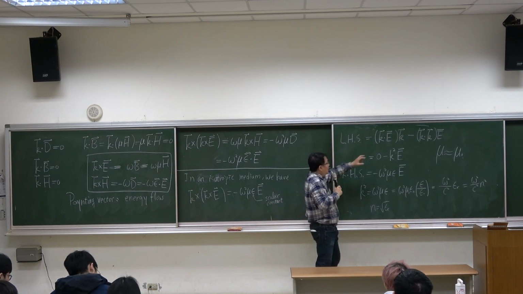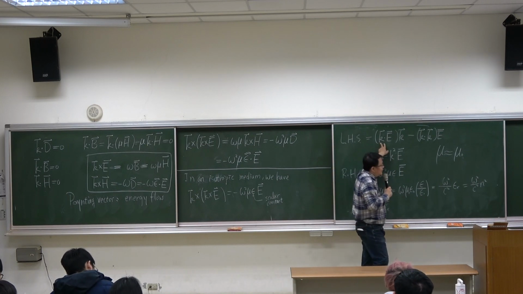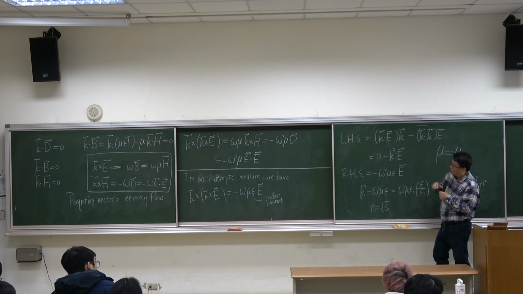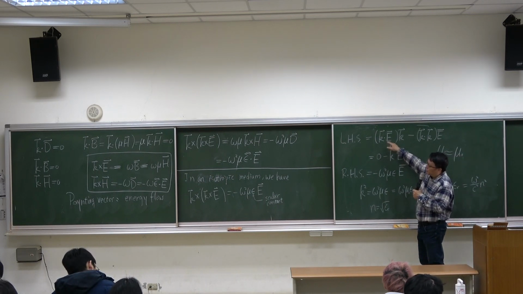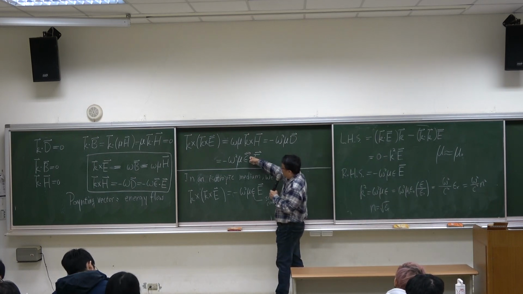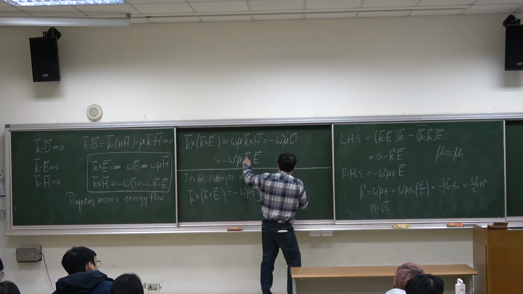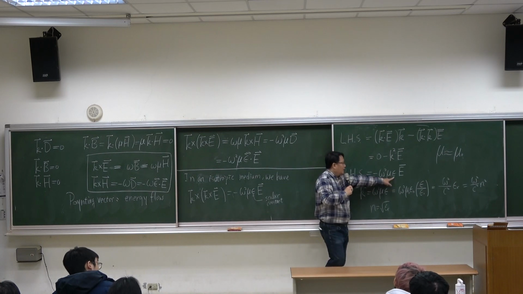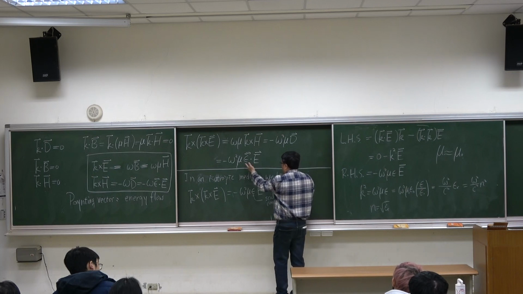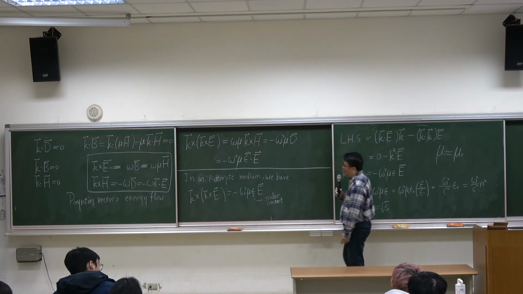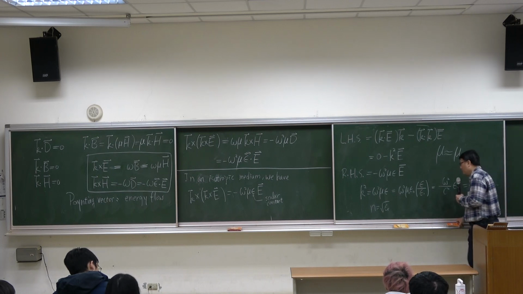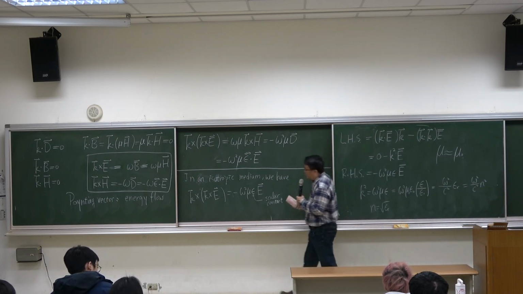First, K dot E is in general not equal to 0. 一般来说，在 anisotropic 介质里面，K dot E 一般来说不是0。And the epsilon is not a scalar constant, but a tensor. Okay, so now we study the more complex situation.